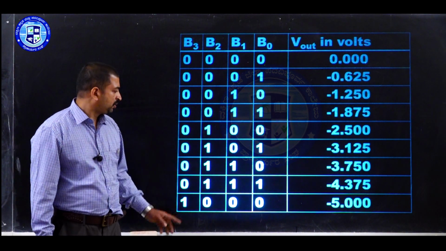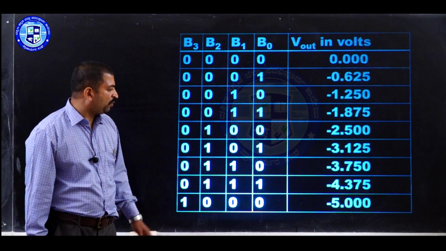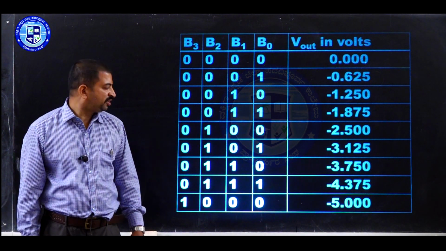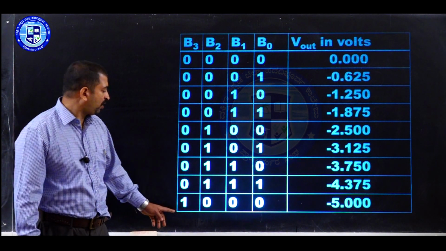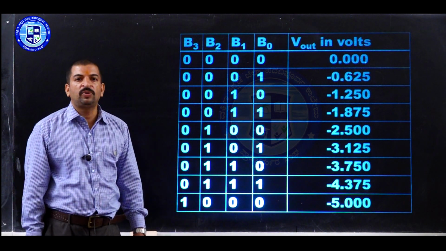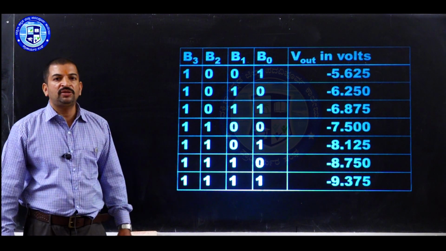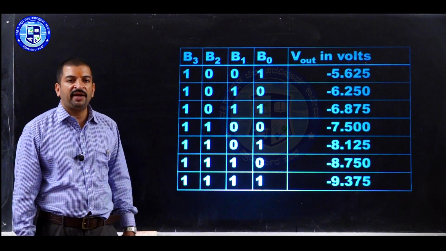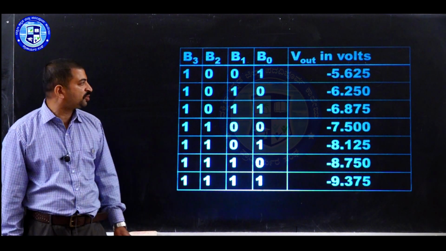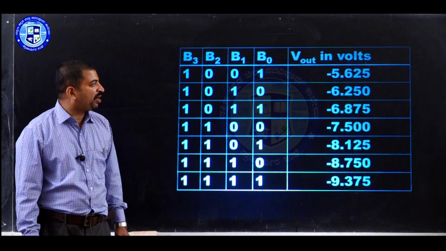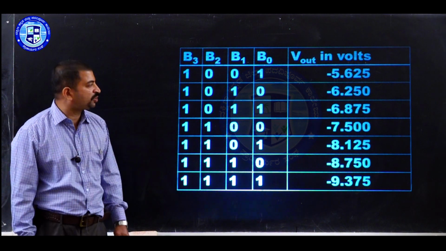For 0 1 1 1, the output voltage is minus 4.375 volts. For 1 0 0 0, the output voltage is minus 5 volts. For 1 0 0 1, the output voltage is minus 5.625 volts. For 1 0 1 0, the output voltage is minus 6.25 volts.